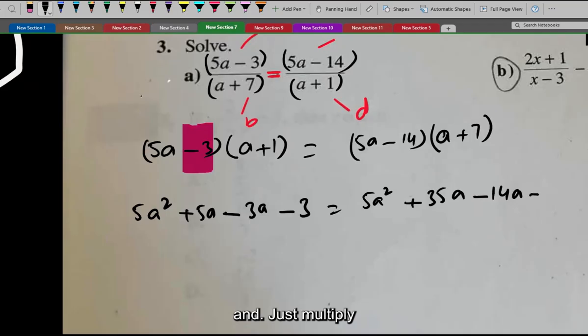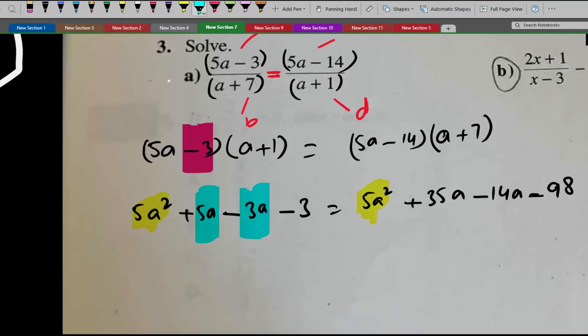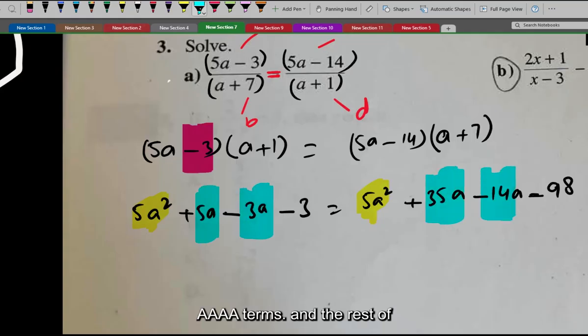and just multiply 14 with 7 on your calculator. 98. 98. So then you can just simplify. This one is the a squared term, and this is the a terms, and the rest of them are just constants.